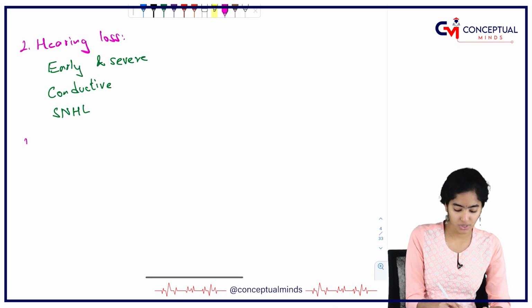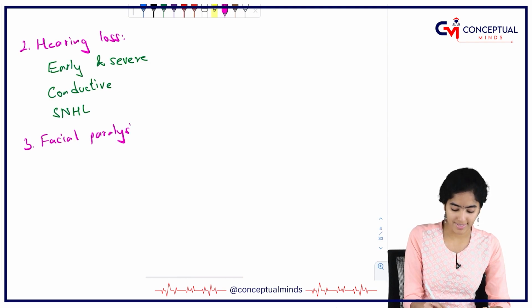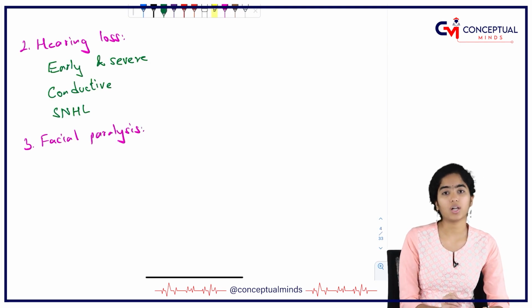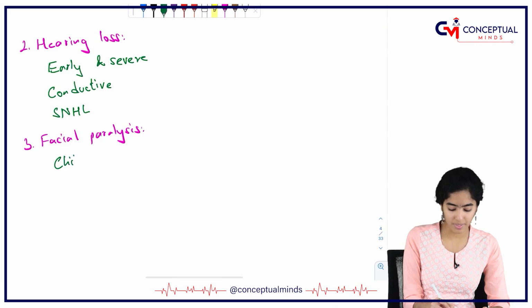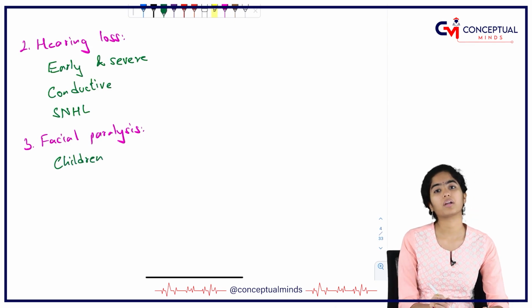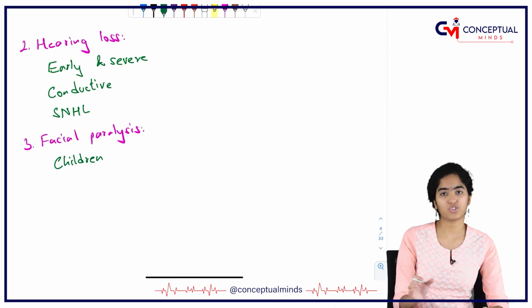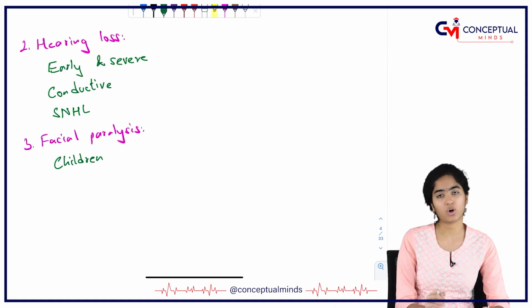The next feature is facial paralysis. Why would facial paralysis occur? Because of the involvement of facial nerve in the disease process, and usually in children this is the presenting feature. Because the ear discharge, hearing loss and whatever changes that are occurring are all painless and sometimes do not bring this to the attention of the adult or the child.